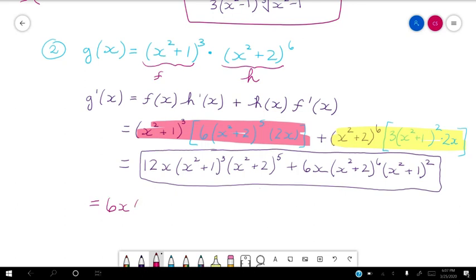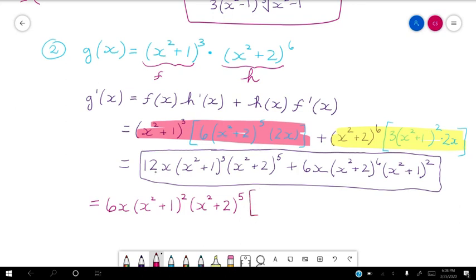We have 2 copies of x squared plus 1 in each term. And then we have an x squared plus 2. What's the lowest exponent? 5. So we're going to be able to factor out an x squared plus 2 to the 5th. All right, so that big ginormous thing is our greatest common factor. Okay, pretty epic, right?